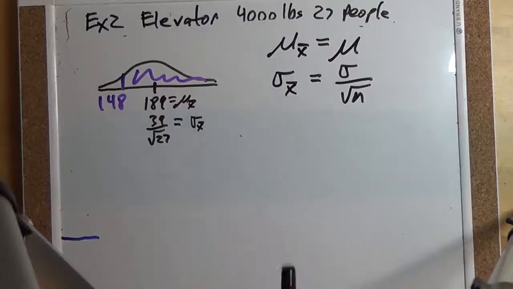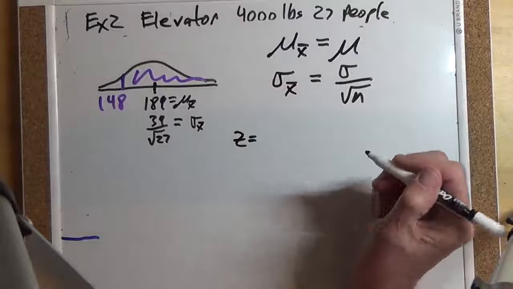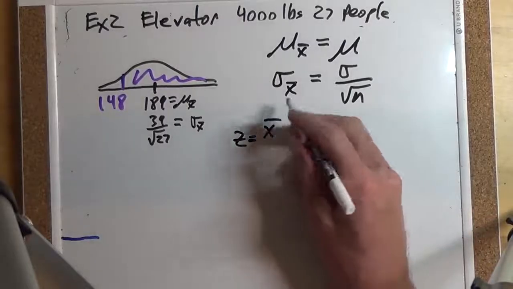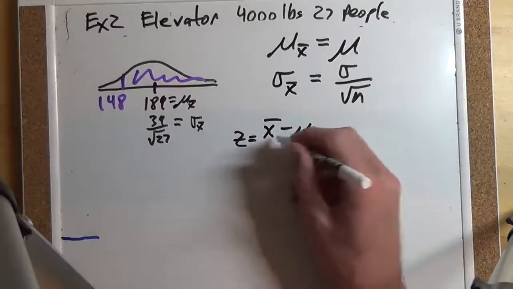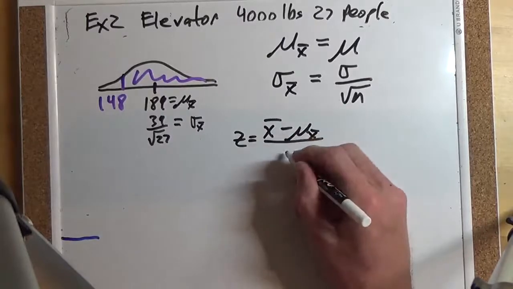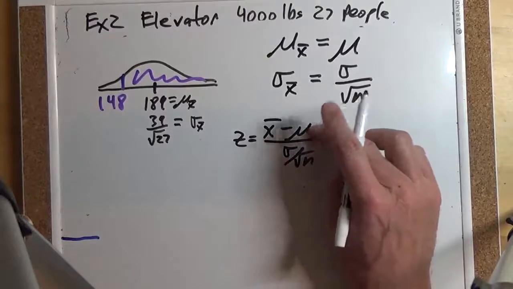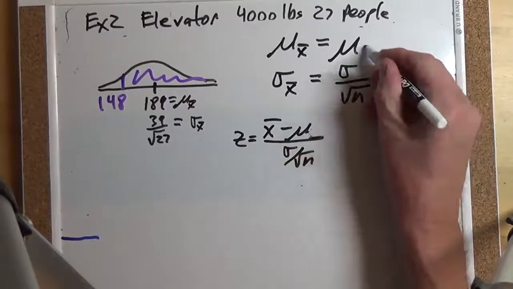The only thing that changes now is now my z is x bar subtract mu over sigma over square root of n. I don't need that little x bar because I'm going to use this.